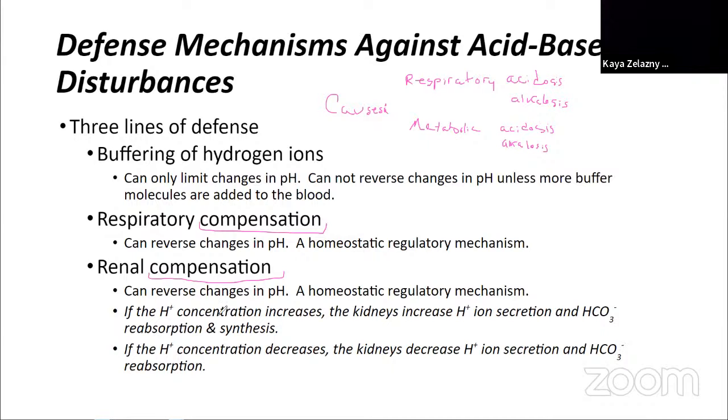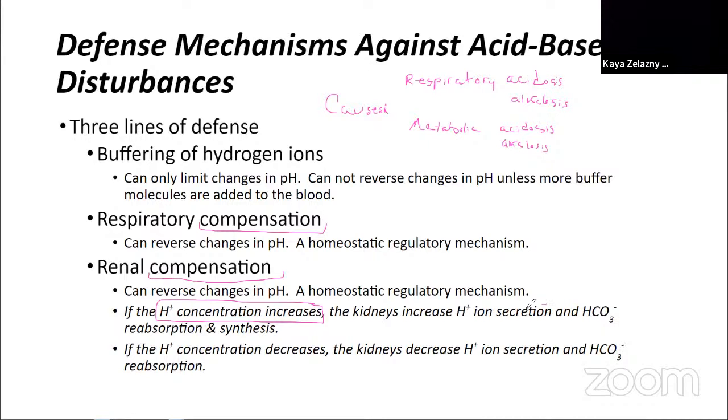If we have a hydrogen ion concentration increasing, is that going to be acidosis or alkalosis? Feel free to just call out. Yeah, perfect. Acidosis. More hydrogen ions is acidosis. So if we're trying to compensate for acidosis, an increase in hydrogen ions, we're going to try to get rid of hydrogen ions.